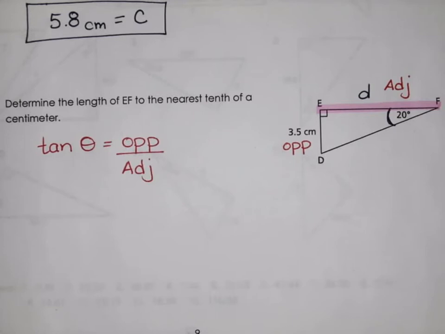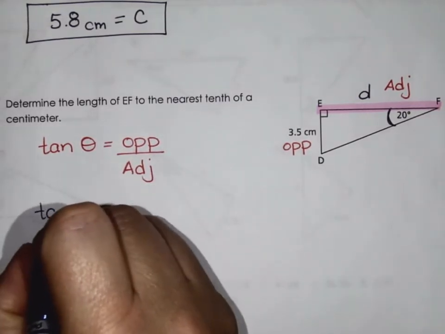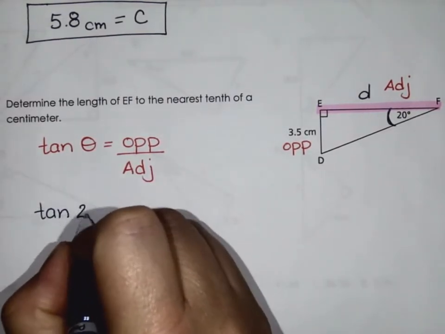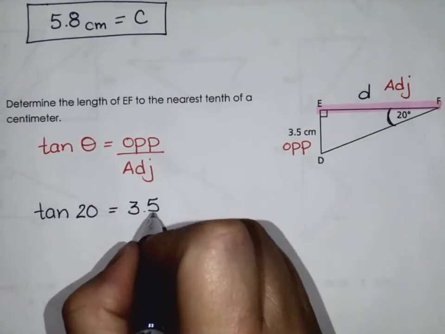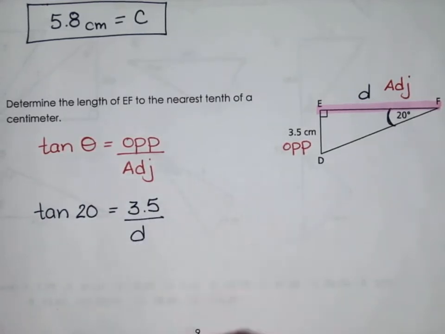All right. Okay, now we're going to fill it in. So tan of 20 degrees is equal to 3.5 over side D.